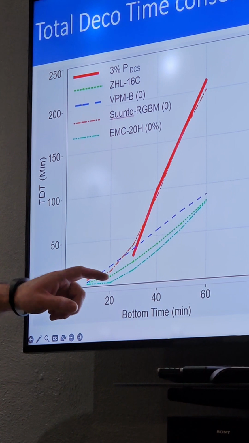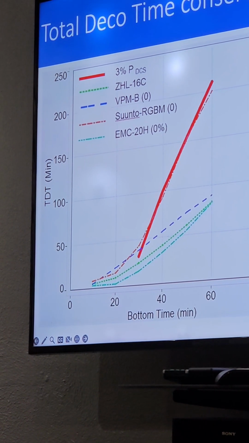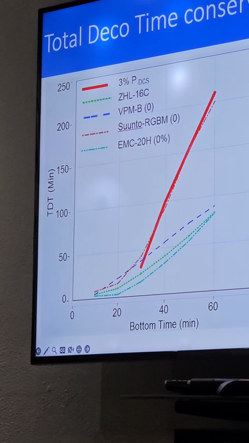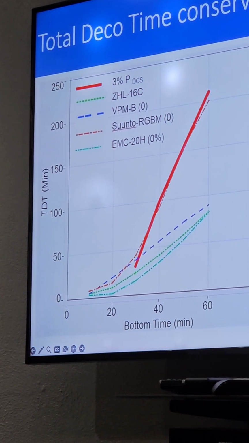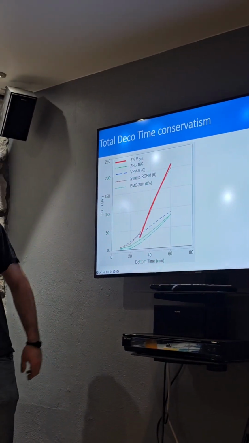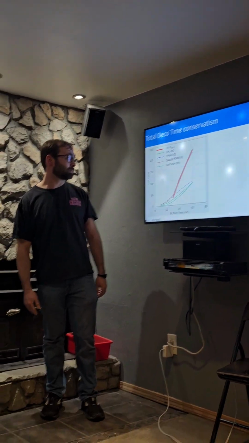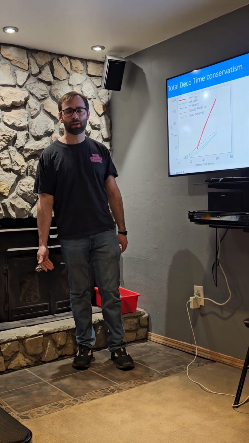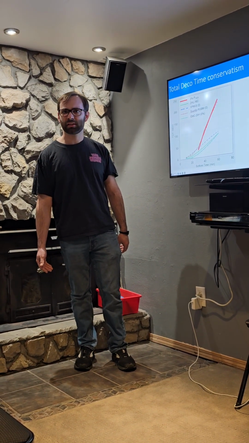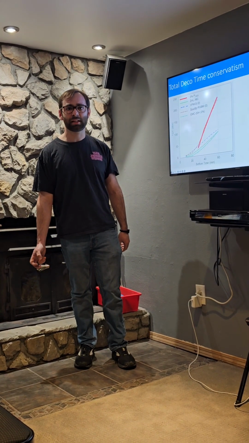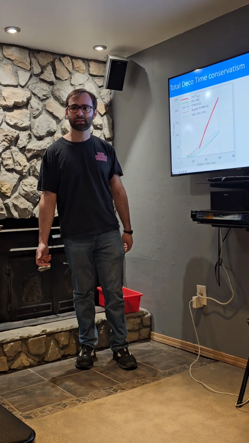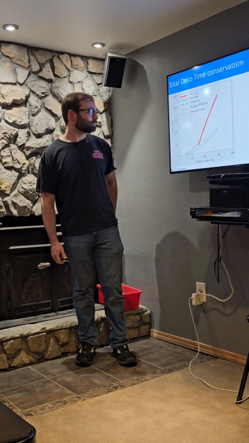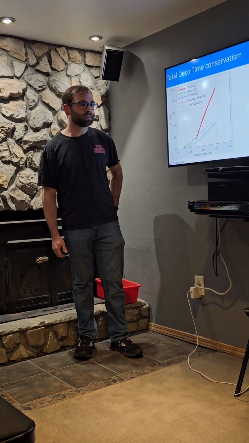It's almost directly over the 3% DCS isopath line going up from 30 feet, which is greatly above all the other ones, including the EMC 20H, which is the other supercritical saturation one that's common on product. Shearwater has the ability to use it, so does Snudo, I believe. Yeah, they're not defaulted in Shearwater, but they're available.